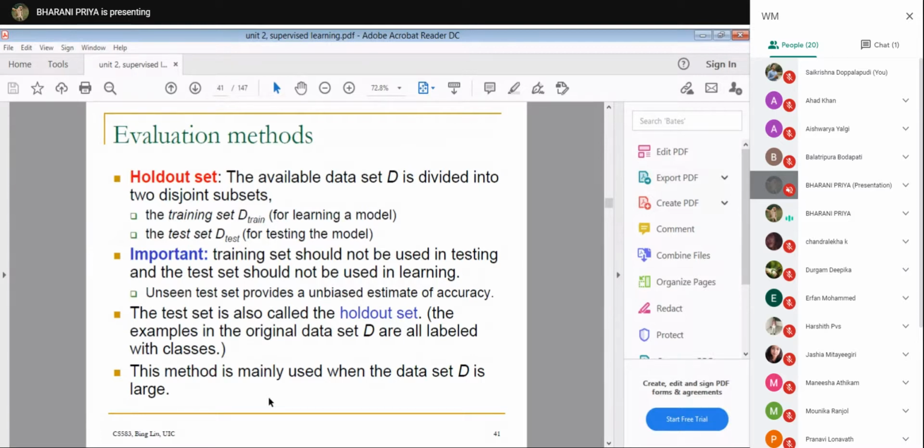I will tell you about the validation set in the next slide, but as of now try to understand training set, validation set, test set. Training set and validation set will have both input and output, whereas the test set will have only input, but you do not have output.